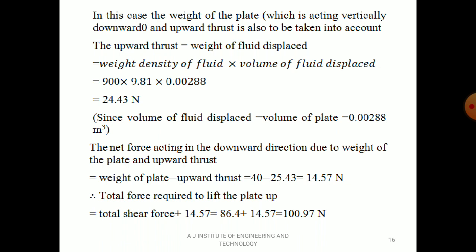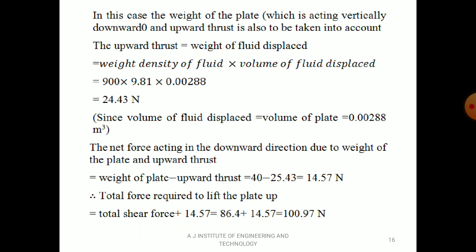Now you have to find the net force acting in the downward direction due to the weight of the plate and upward thrust: weight of the plate minus upward thrust. So 40 minus 24.43 is equal to 14.57 Newton. Therefore, the total force required to lift the plate up equals the total shear force plus 14.57. The total shear force is F1 plus F2, so that is 86.4 plus 14.57, which equals 100.97 Newton.